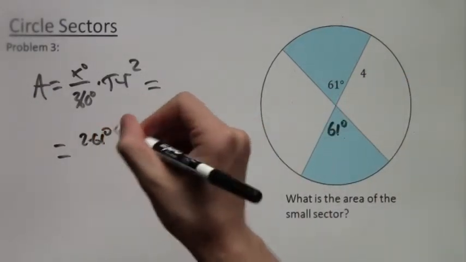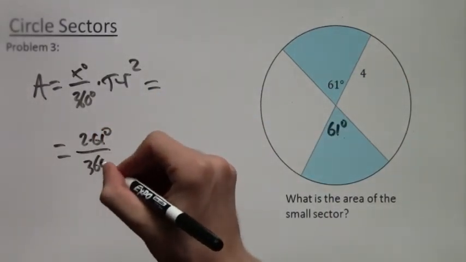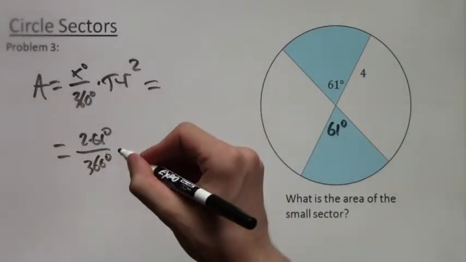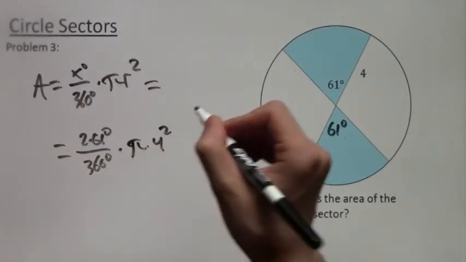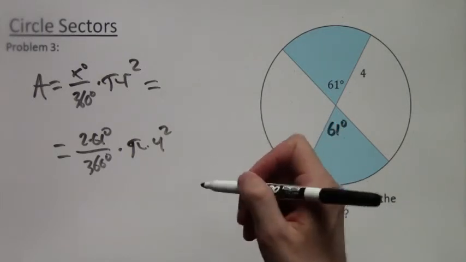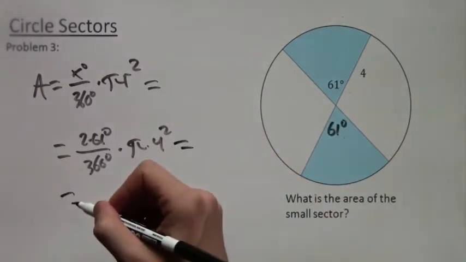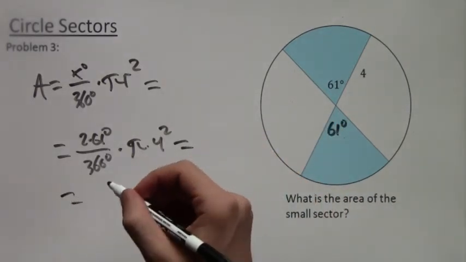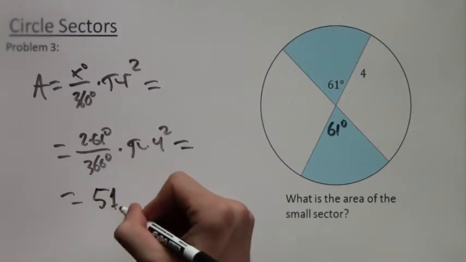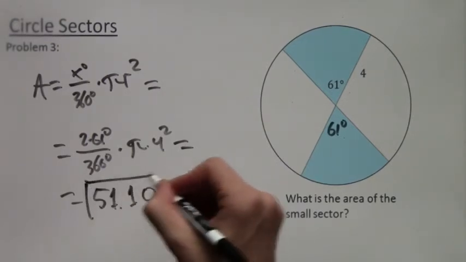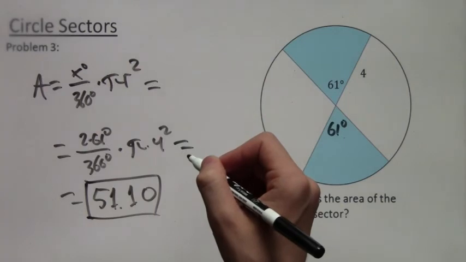So that's 2 times 61 degrees over 360 degrees in our formula. Another way to look at this is that we count the same sector twice. In any case, our 61 over 360, we have to multiply by 2. And then we plug in r equals 4, plug this into our calculator, and get the answer 51.10.